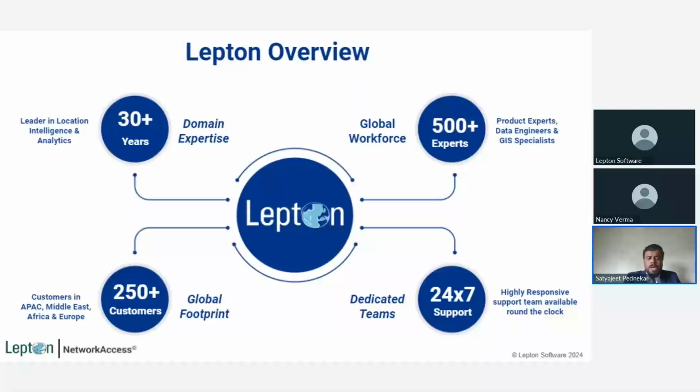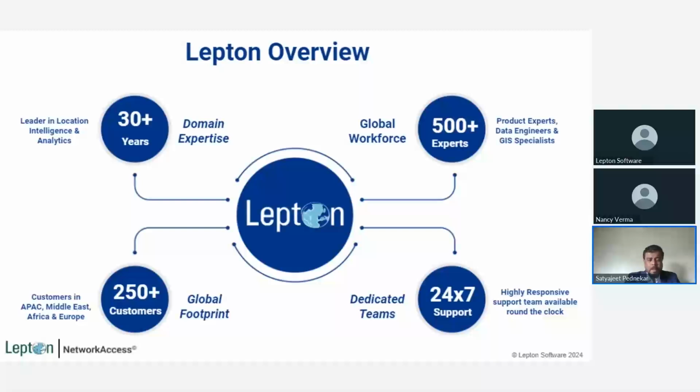Globally, we are serving almost 250+ customers in Asia, in the Middle East, in Africa, and even in Europe. And to cover all the time zones of our customers, we have dedicated 24/7 technical support if you wish to reach out to the Lepton team and take some assistance.